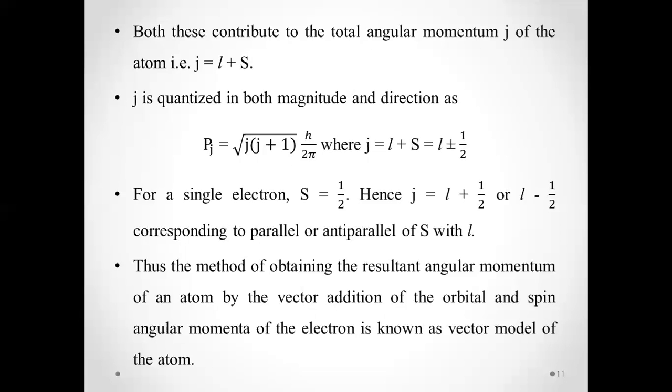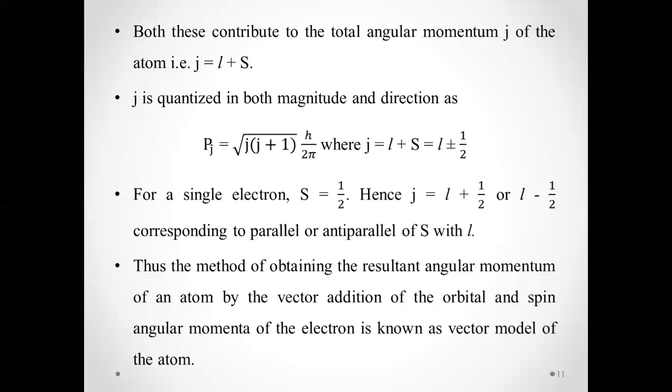J is quantized in both magnitude and direction as Pj is equal to square root of j into j plus 1 into h by 2 pi, where small j is equal to l plus s, which is equal to l plus or minus half, since s can be either plus half or minus half.